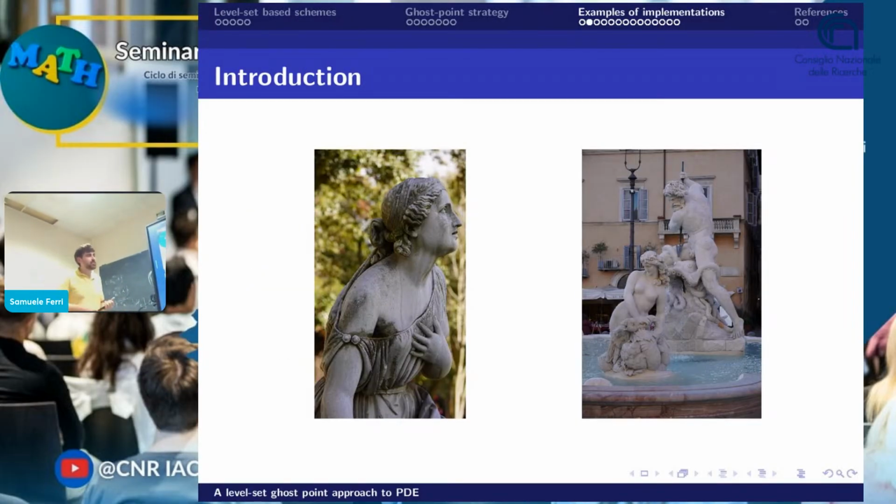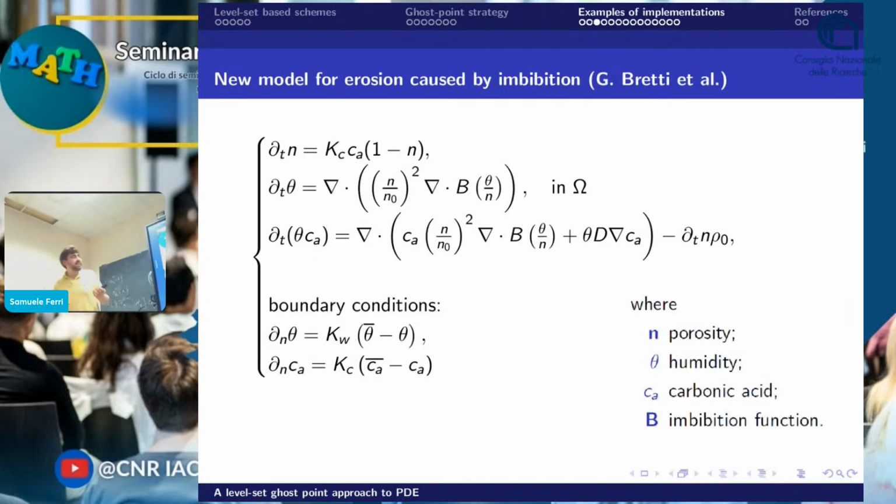The first implementation is work that is currently in progress with Gabriella and also Elishan, and we want to create a new model for erosion caused by imbibition. We want to study this new model because this is the first approach of this kind of modeling problem, for the erosion caused by the acidification of the stone with the water that goes inside the stone.